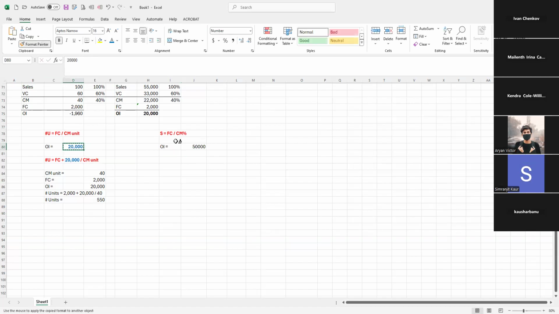We don't want 20,000 anymore. We want 50,000 now. So what do we have to do? Well, add it to the fixed cost. Whatever you want, just add it to the fixed cost. And once you add it to the fixed cost, run the calculation again.